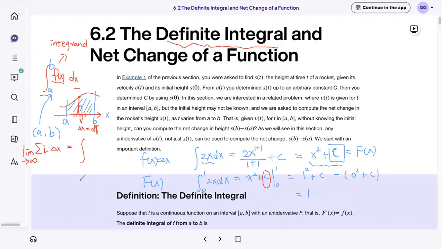So we're going to write this as: once we recover the original function, we just evaluate F of b, the upper limit, which is 1 in this case, subtract F of a, which is 0 in this case. So that's the definite integral.